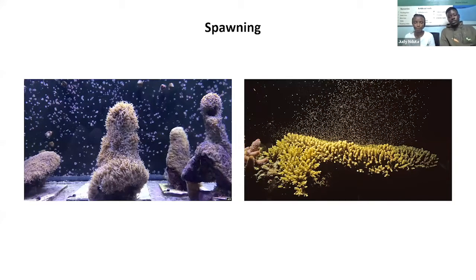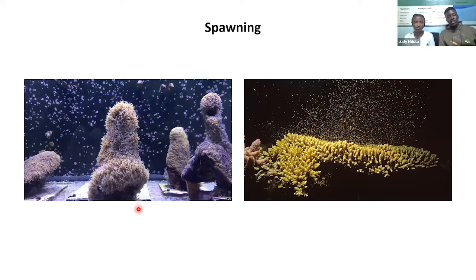Many reproduce sexually through spawning, and this occurs when sperm and eggs are released into the water column. The gametes then float towards the surface where fertilization occurs. A planula is formed after successful fertilization. So a planula is basically what a zygote is to animals.